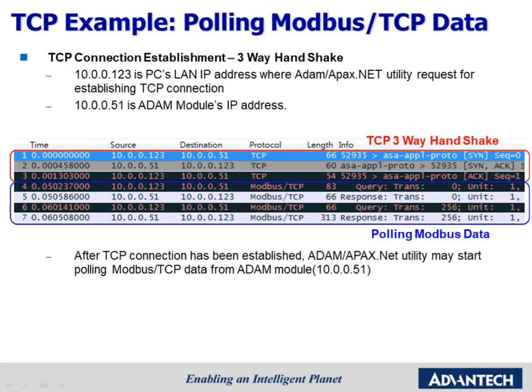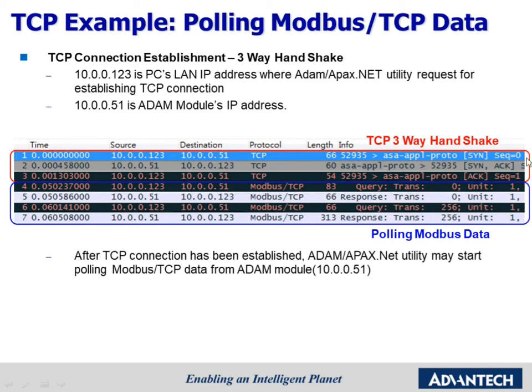Now, let's see an example of pulling Modbus TCP data. The picture shows the network packets on your LAN card. 10.0.0.123 is the PC's LAN IP, also the address where the ADAM.NET utility requests to establish a TCP connection. 10.0.0.51 is the IP of the ADAM module.